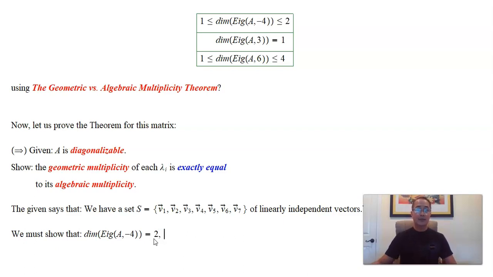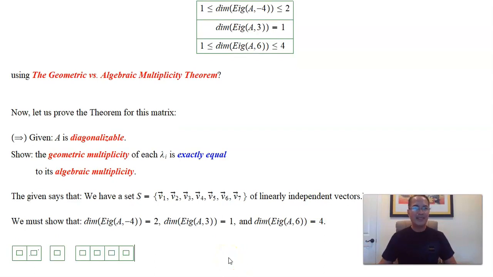We have to show that the 3 eigenspace is exactly 1. We already know that. And finally, we have to show that the last eigenspace is exactly 4.